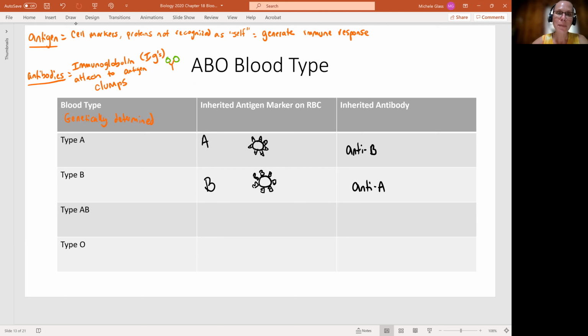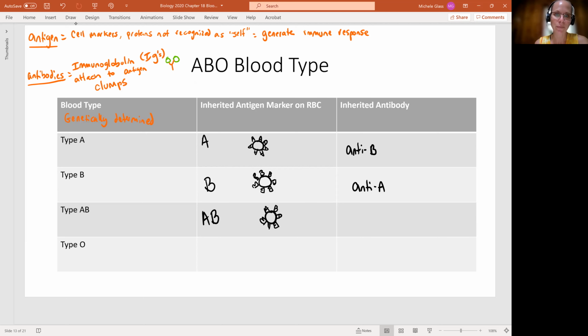And then if you're type AB, you have both. So I like to just imagine a single red blood cell with both A and B markers on that cell, which is pretty much the way that I understand type AB. It could be that you have some cells with type A and some cells with type B, but either way, AB is self.